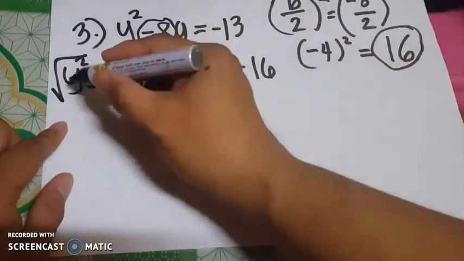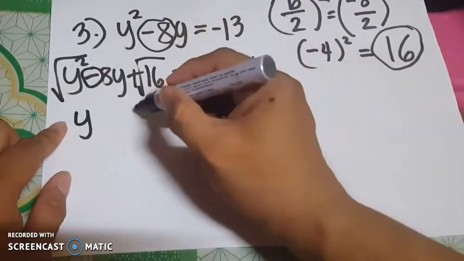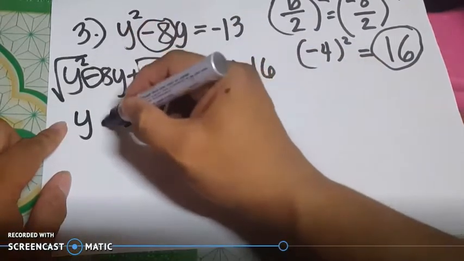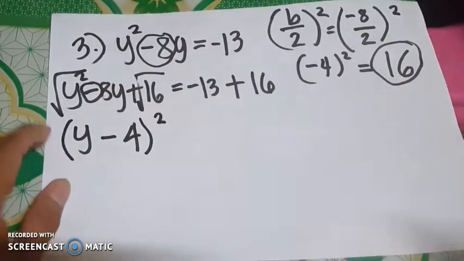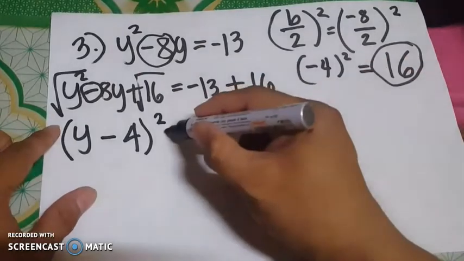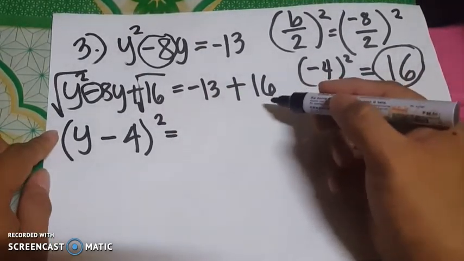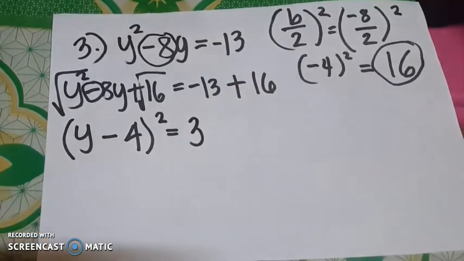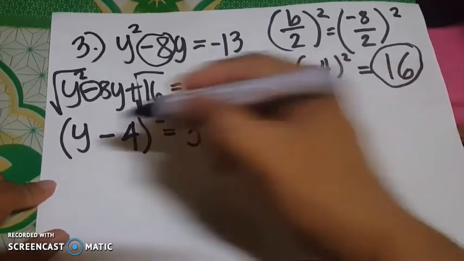So, we do have square root of y squared is y, square root of 16 is 4, then the operation of the middle is minus, then quantity squared. Then it will be equal to negative 13 plus 16. That is positive 3.